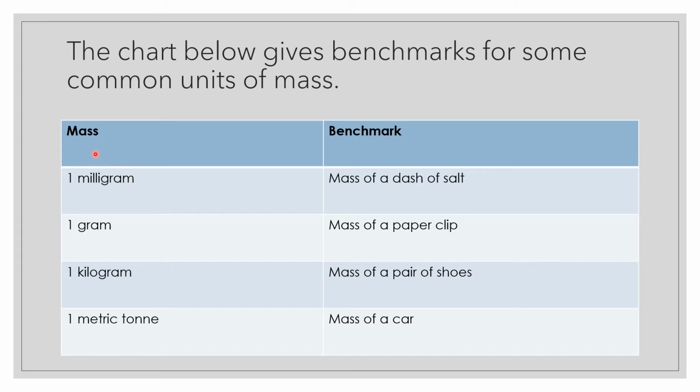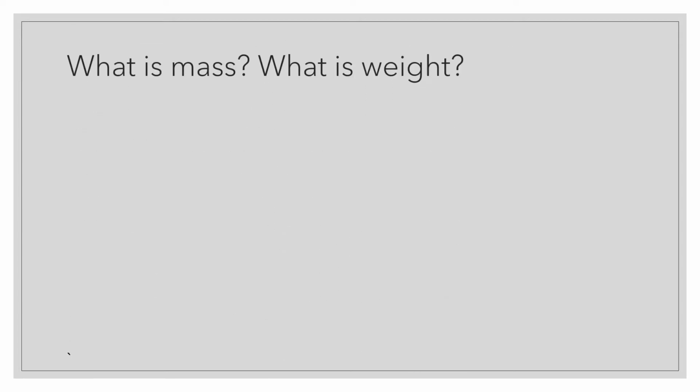For example, 1 milligram is about the mass of a dash of salt. 1 gram is about the mass of a paper clip. 1 kilogram is about the mass of a pair of shoes, and 1 metric ton is the mass of a car. Let's see if that's true later. What is a mass and what is a weight?